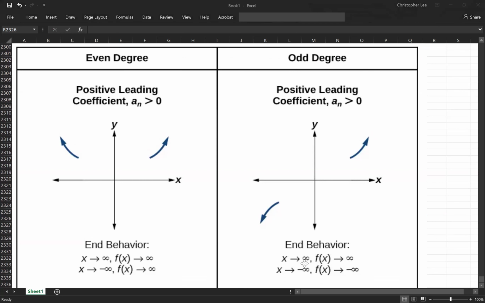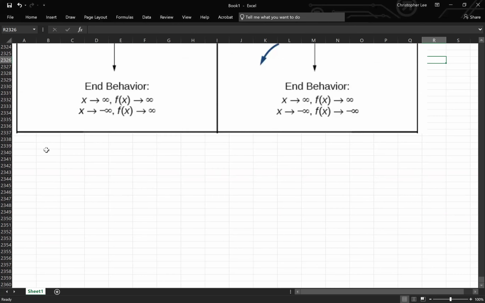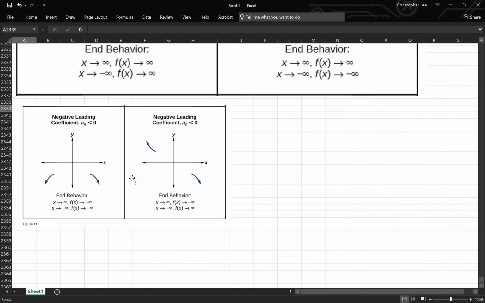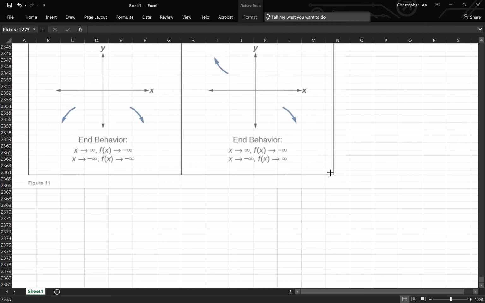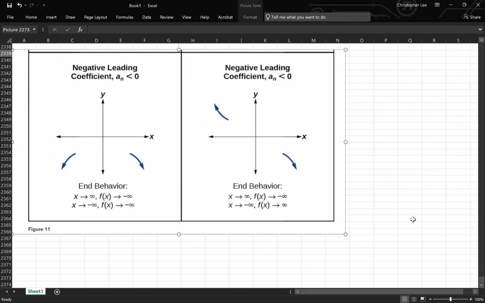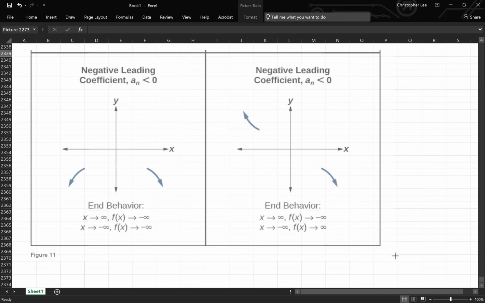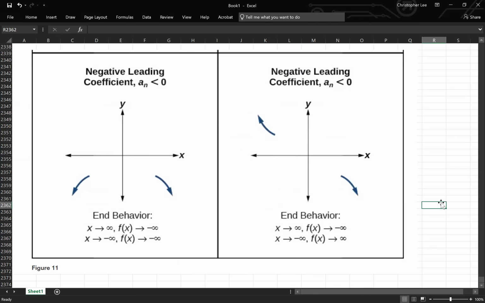The new thing I was showing you, it's not really new, but you guys get the idea, all right? So for a negative leading coefficient, a_n less than 0, we're gonna reflect over the x-axis, and we're going to be going down.